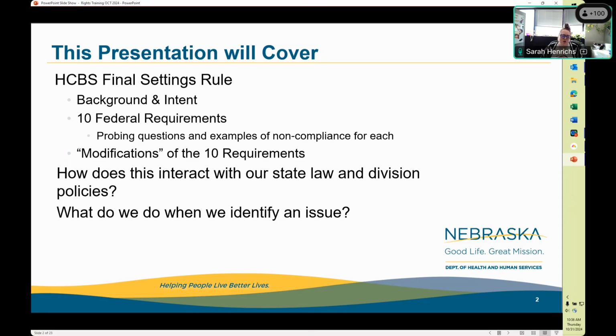And so sometimes the HCBS final settings rule is an additional element of rules that we need to make sure are followed around participant rights and making sure our participants have the lives that they want. And so it's just another piece of the puzzle as far as our participant rights go.